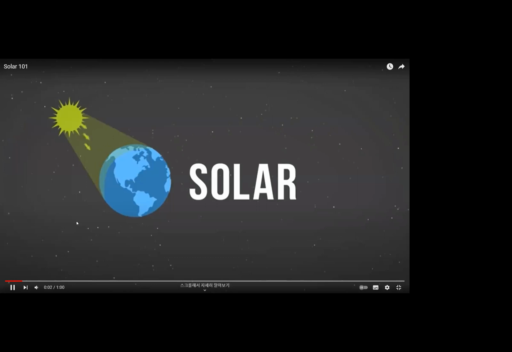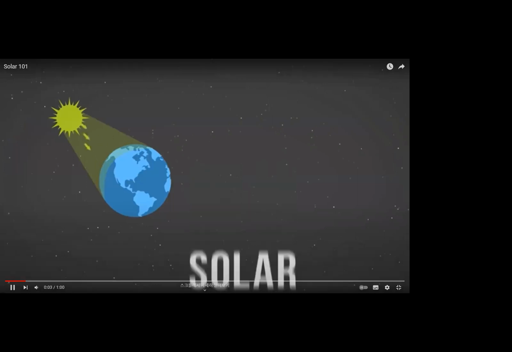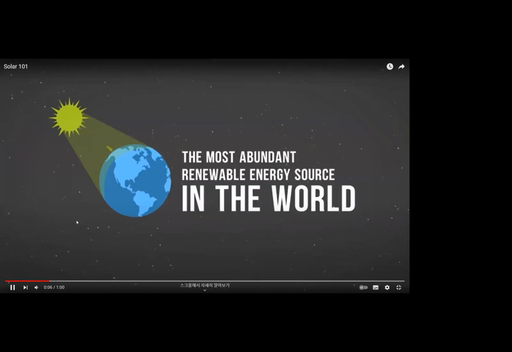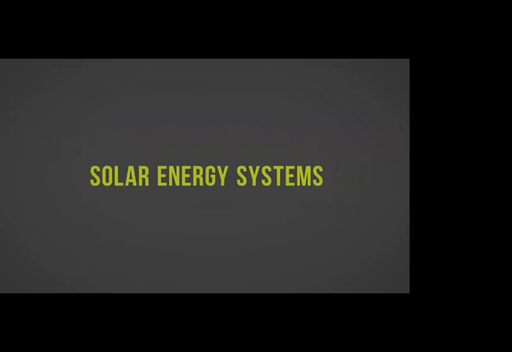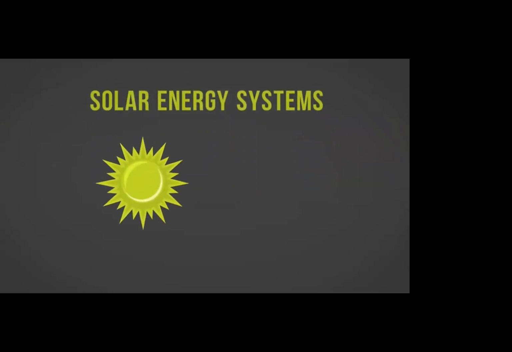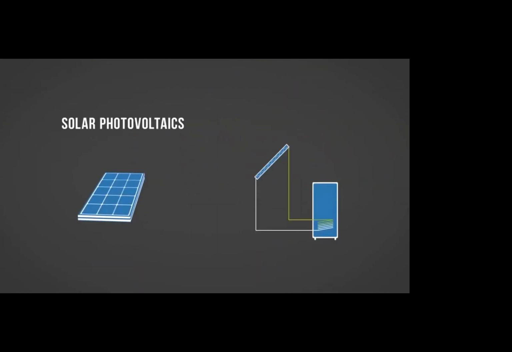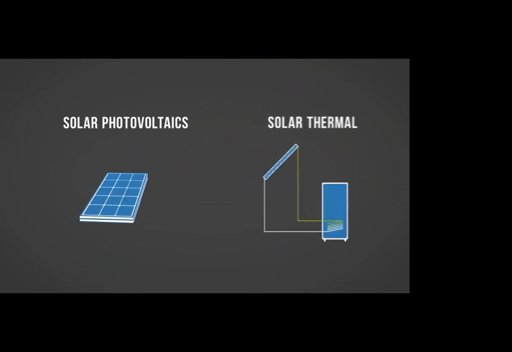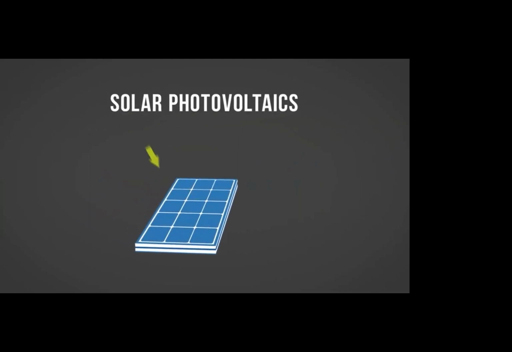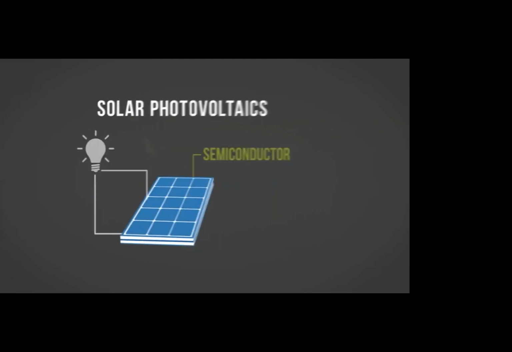Solar energy, the most abundant renewable energy source in the world. Solar energy systems employ technologies that convert the sun's heat or light to another form of energy for use. There are two categories of technologies that harness solar energy: solar photovoltaics and solar thermal. Solar photovoltaic, or PV, is a technology that converts sunlight into direct current electricity by using semiconductors.